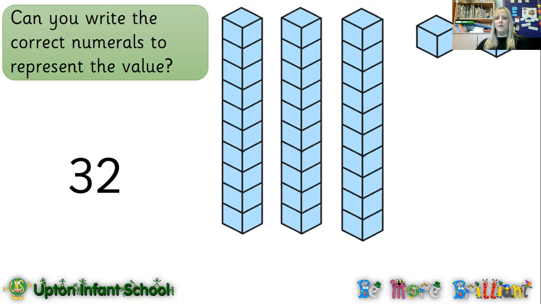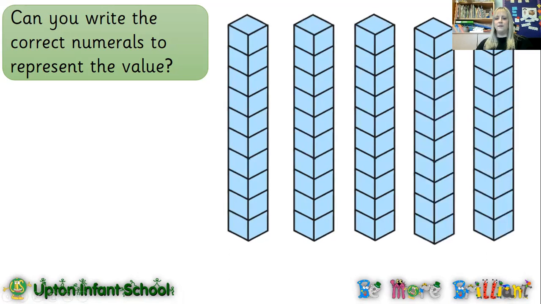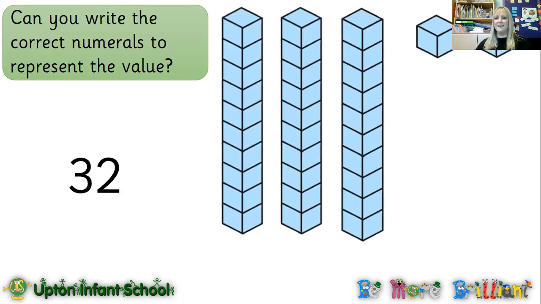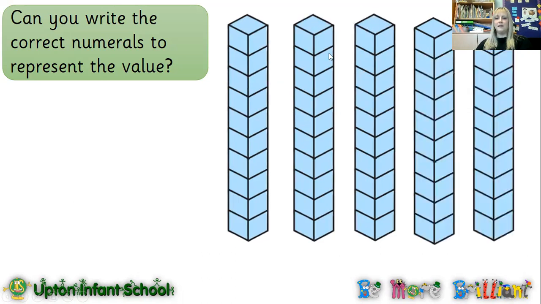Did you get 32? How many of you got 32? Because we have 1, 2, 3 tens and 1, 2 ones. So 32. Here's our next one.